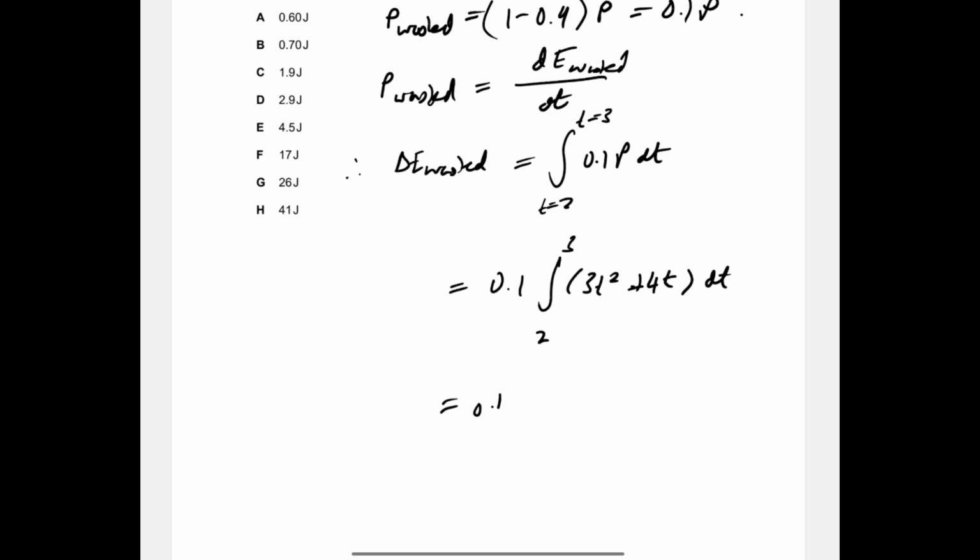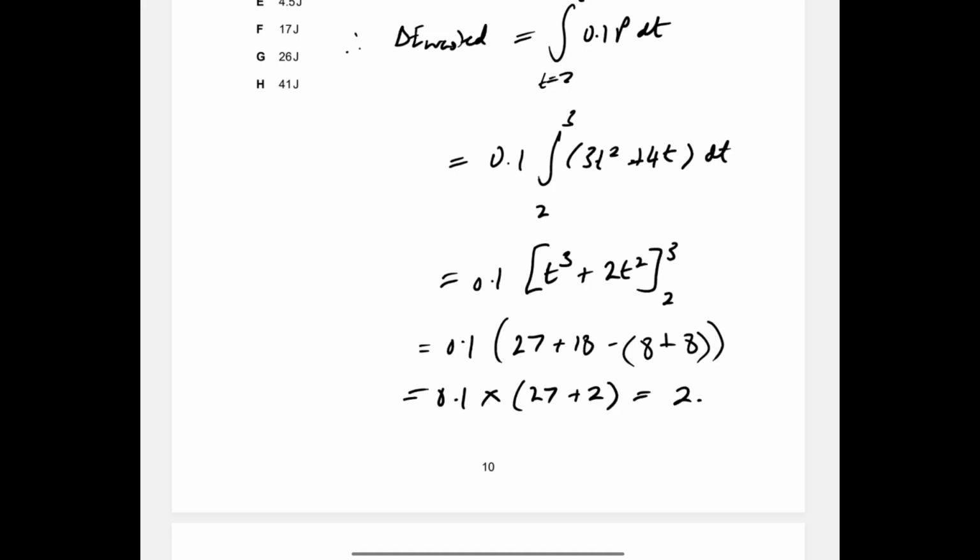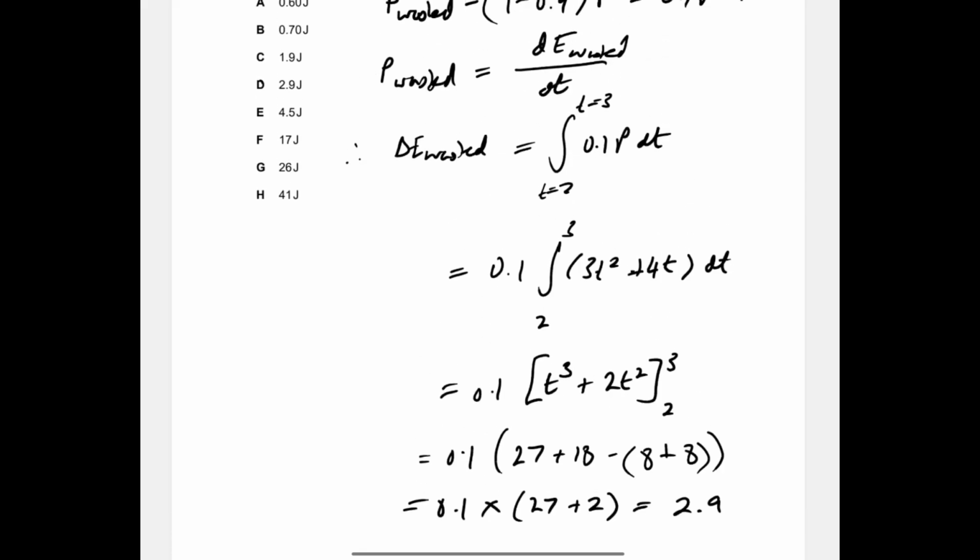This is going to be, increase the power by 1 and divide by the new power. 0.1 times 27 plus 2 into 2.9. So yeah, 2.9 joules.